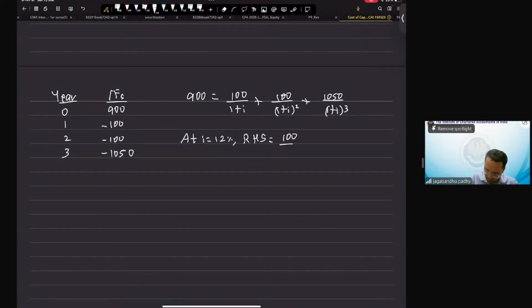That should be ideally 100 divided by 1.12, plus 100 divided by 1.12 squared, plus 1050 divided by 1.12 cubed. Yeah, what's the RHS value at 12%?